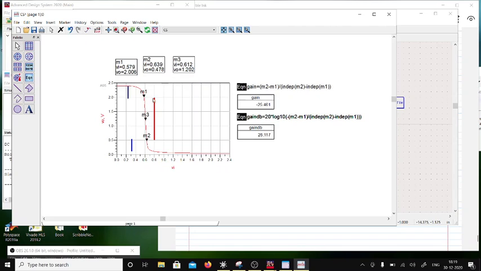So basically your useful gain is only between VDD minus V overdrive and V overdrive. So your range is from V overdrive to VDD minus V overdrive.